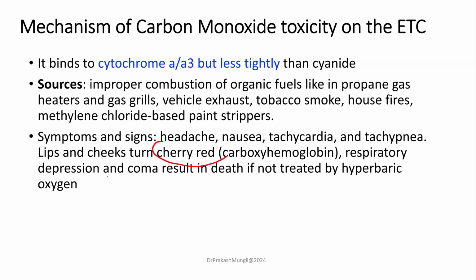Look at that. Cherry red colored blood, because carbon monoxide binds with iron in the heme and changes the color of hemoglobin from red to cherry red. And that's the sign of carbon monoxide toxicity. So that will help you in answering questions.